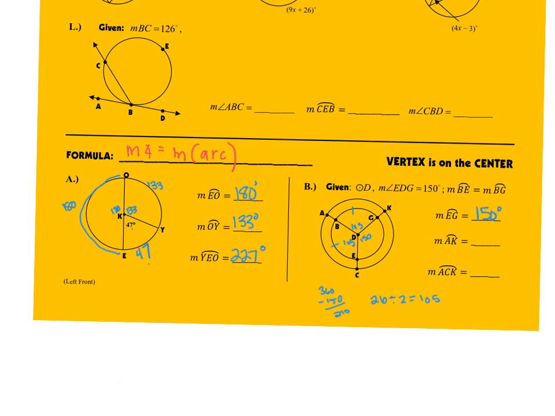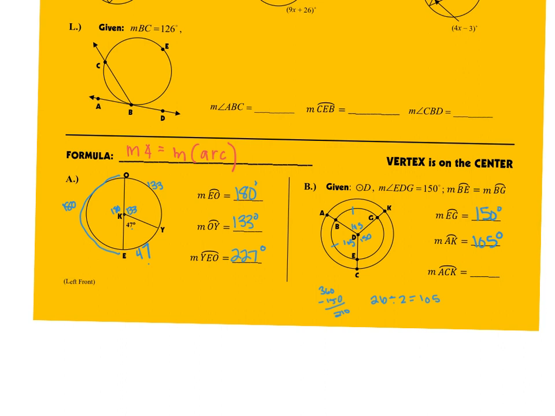The next one they're going to ask us for is the measure of arc AK. And so A to K. We were able to find this central angle to be 105. We did that with this work down here. And so now I know that that corresponding arc is going to be 105.